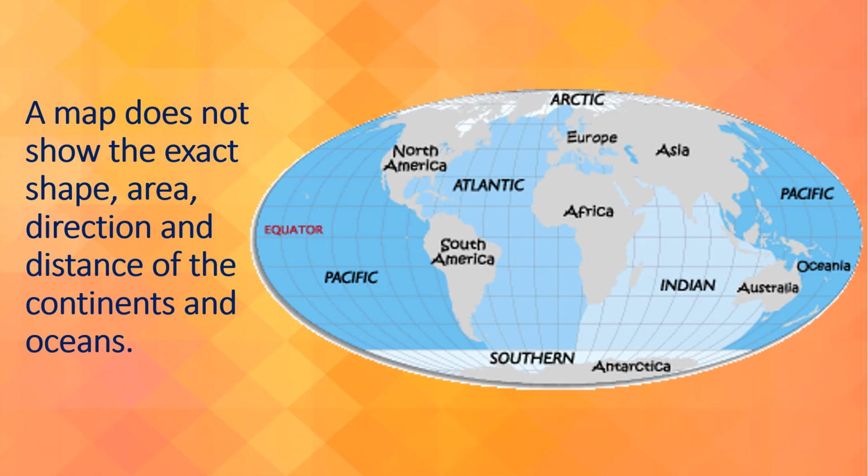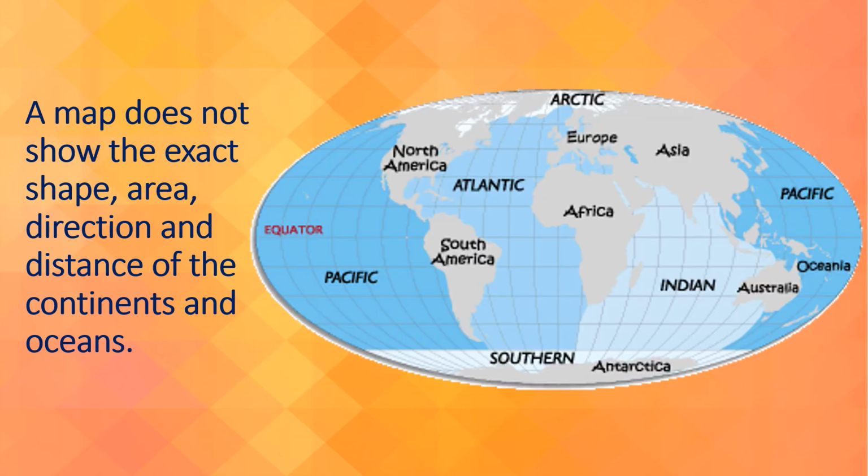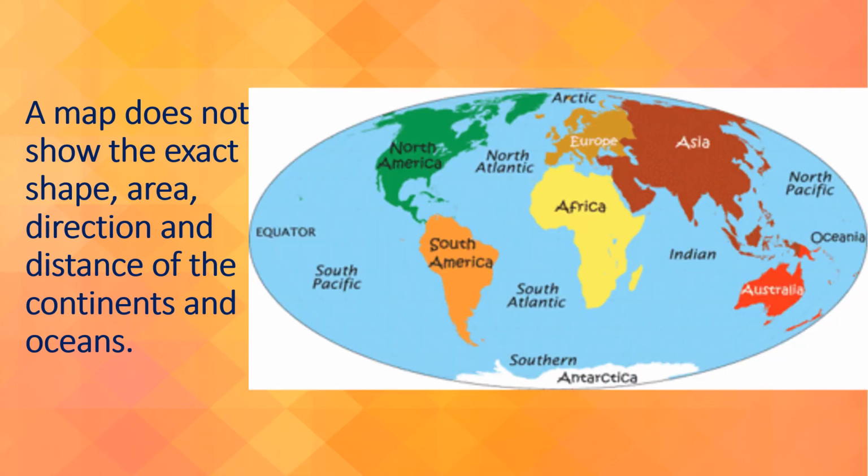So the size, shape, and relative location of land masses would also change. So a map, unlike a globe, does not show the exact shape, area, direction, and distance of the places which are shown on the globe.